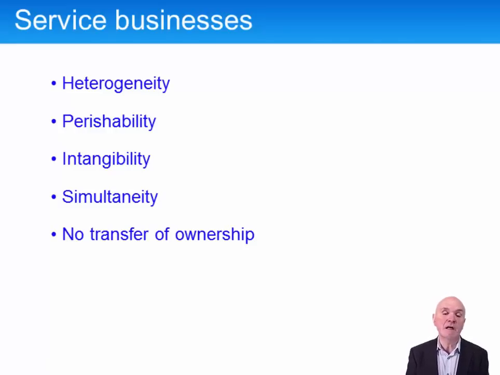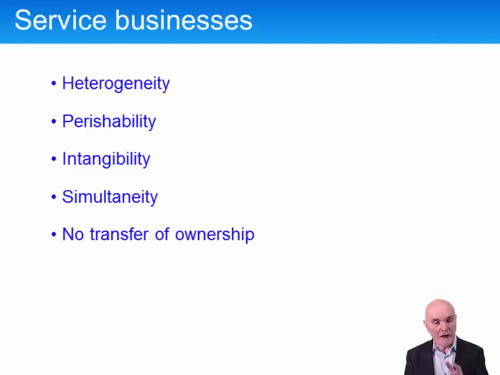Finally, no transfer of ownership. You simply rent somebody a room for the night or a seat in the restaurant for a night. The implication sometimes for service industries is that because you're not leaving with something permanent in your hand, and the experience you get is transitory, you want to make the best of it whilst you're having that experience, and it sometimes leads guests, customers, to be particularly demanding.